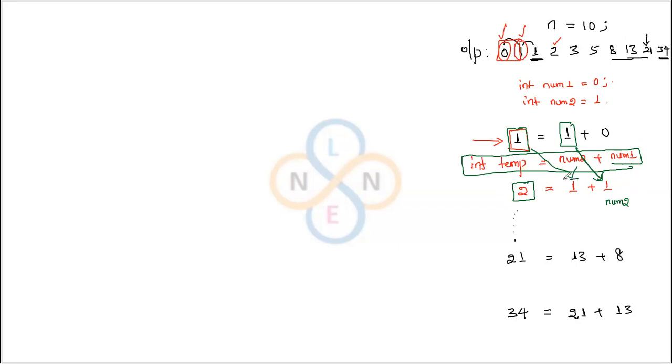And which number is becoming num2? The previous step's result is becoming num2. That result is in which variable? Temp. So num2 is becoming temp. Don't get confused here. I am writing num1, num2 and here num2, temp just to make you understand what is happening. And this result again has to be stored back into temp only.